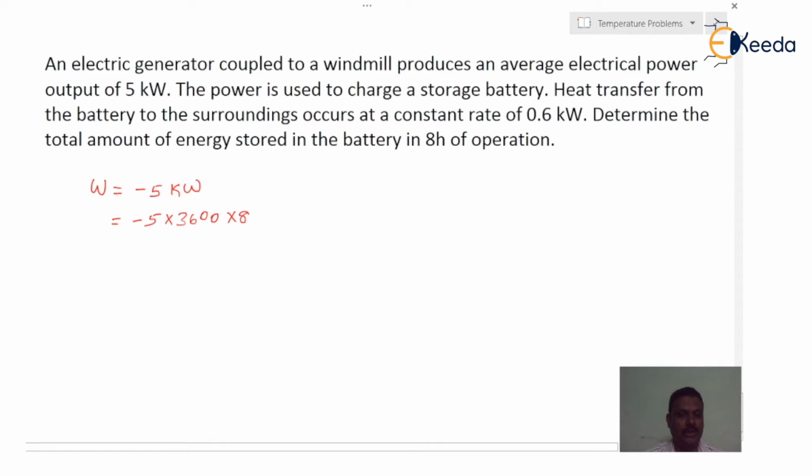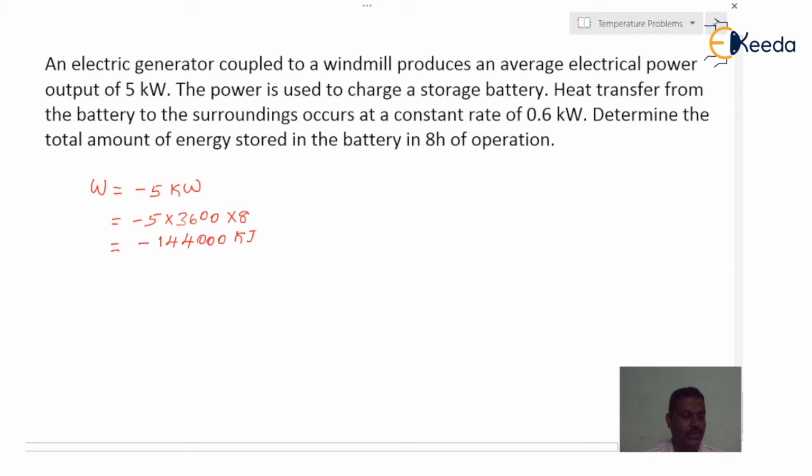Here 5 kilojoules per second is converted to kilojoules per hour, and there are 8 hours of operation. So the total work supplied is minus 1,44,000 kilojoules in 8 hours of operation to the battery.